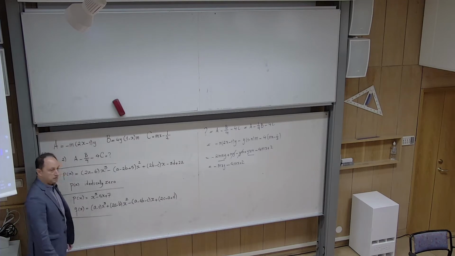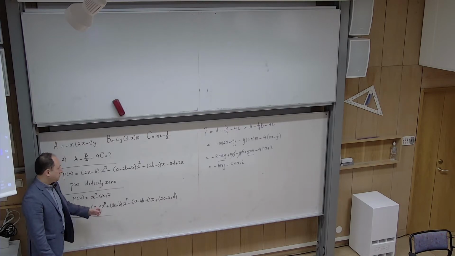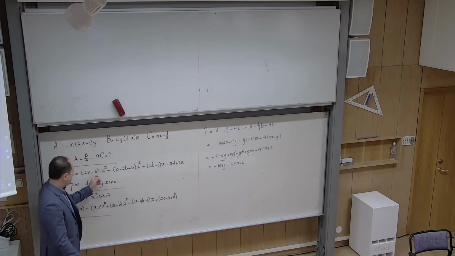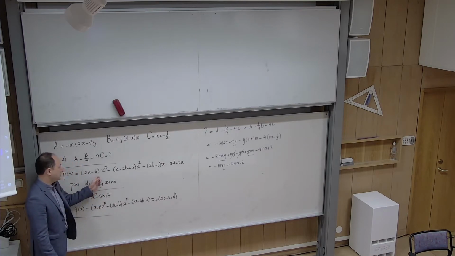What does it mean? When you say that a polynomial is identically 0, it means that whatever you put for x, the answer is supposed to be 0. So it means that how many values I can put for x to make it 0? Infinitely many. Because you say that you want to make it identically 0, so it means that for every value of x, this polynomial should give you a 0.